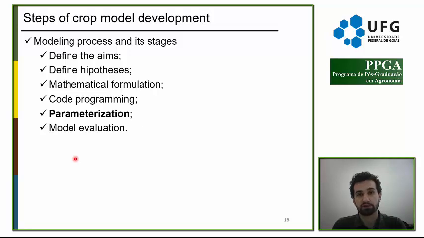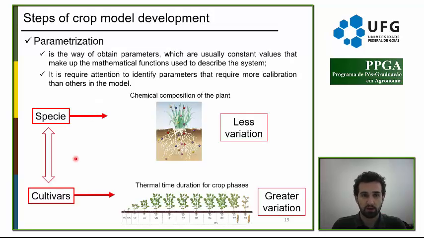I can program this with parameters, with equations using general information, but there is a point that is very important and probably, after all this mathematical formulation, the most important point, which is the parametrization. The parametrization of a model is the way of obtaining parameters.